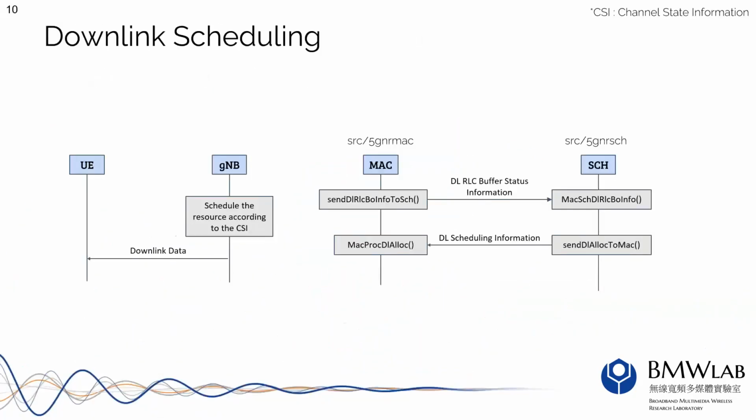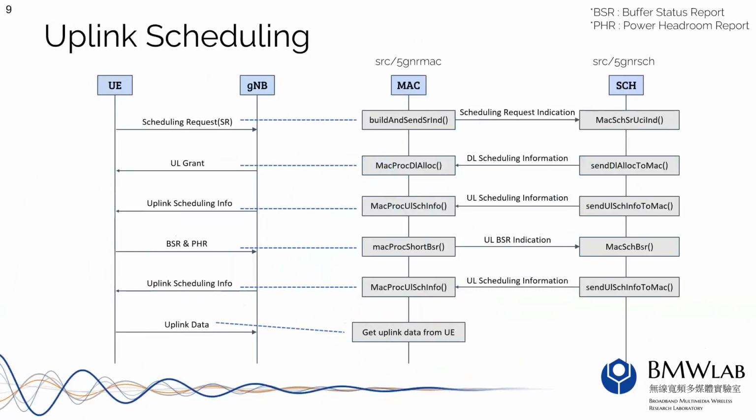Now I would like to know, from the right hand side, this is the implementation from OSC now, right? Yes. So they already split the MAC and the scheduler, because in the early version they were mixed up together.